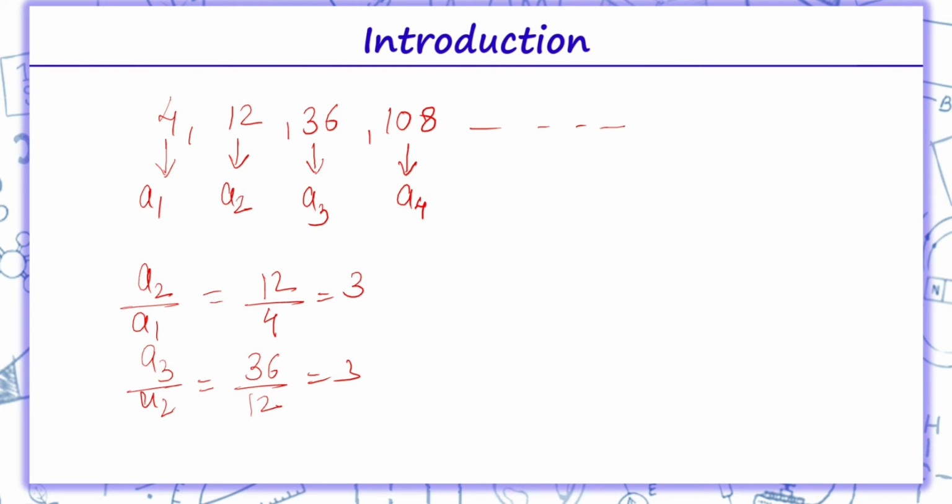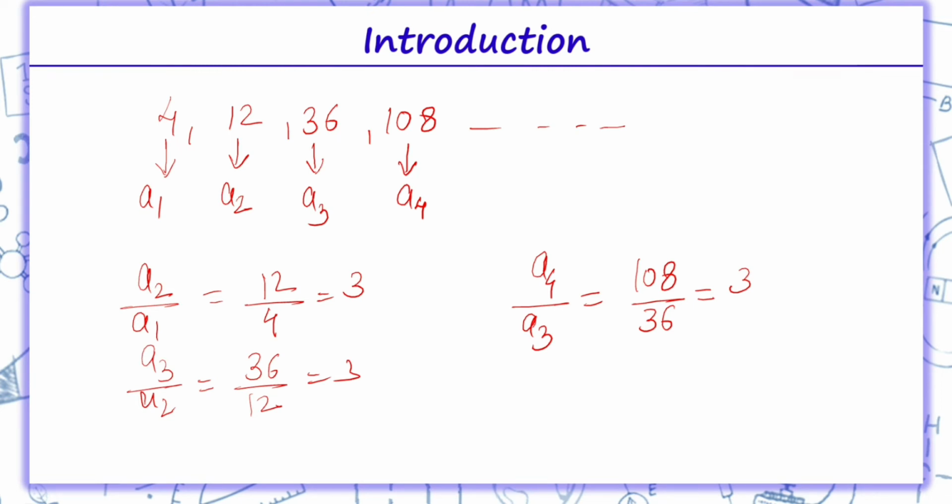When the ratio of the sequence is same, we call it a geometric progression. Similarly, A4 upon A3 will be 108 by 36 which is 3. So, the concept is a series in which ratio is same, that is geometric progression.